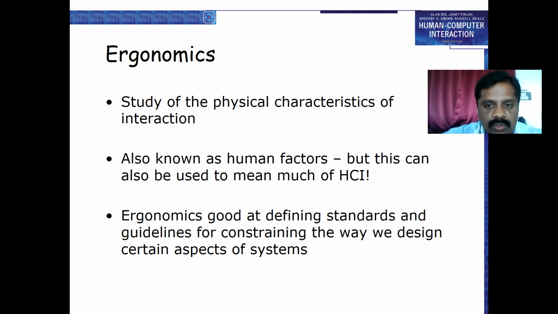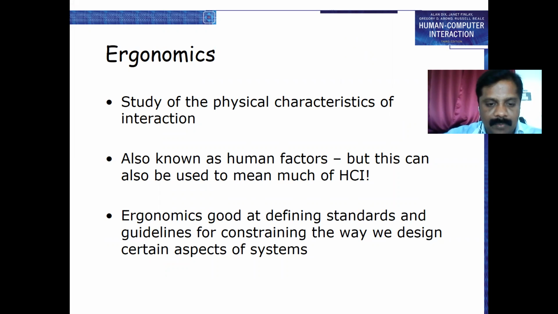So in interaction, what are all the physical characteristics involved? Whatever kind of interaction we need to do, we need some physical characteristics. We need some support. The study regarding that is called ergonomics, also known as human factors, but this can also be used to mean much of HCI.